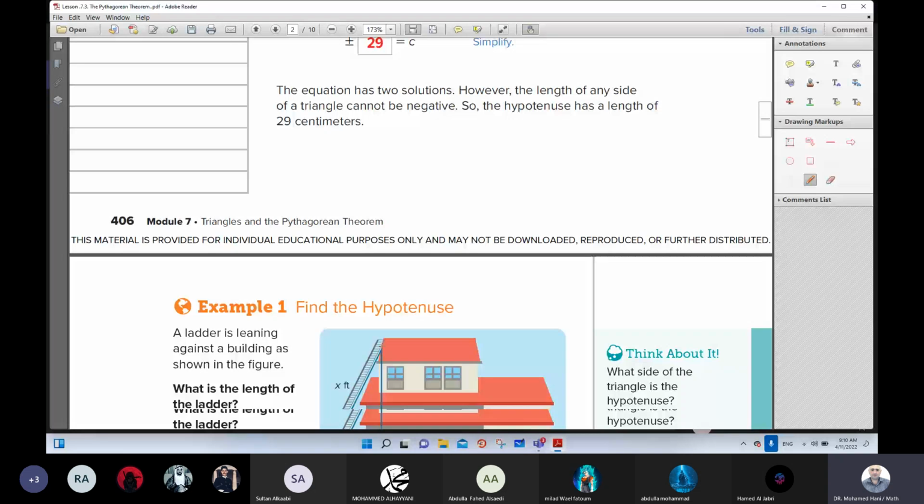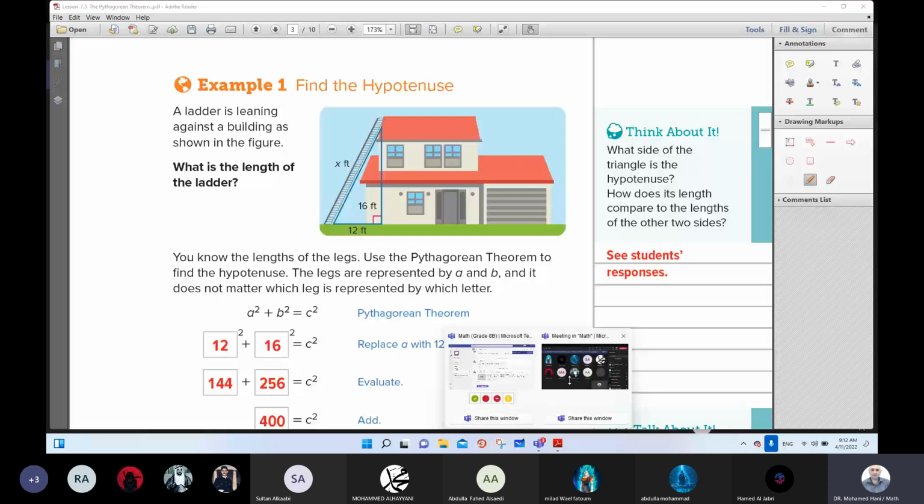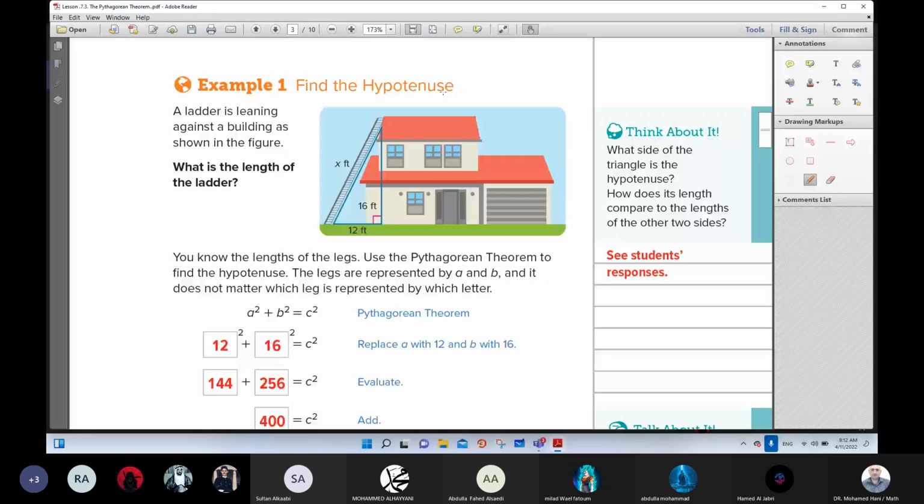Okay, the second example: find the hypotenuse. As you see here in the blue color, we have a right triangle.